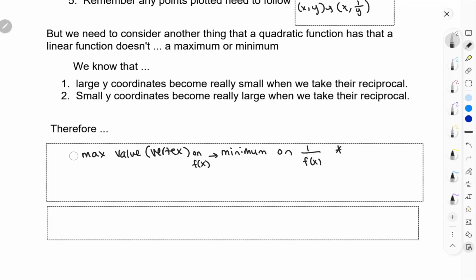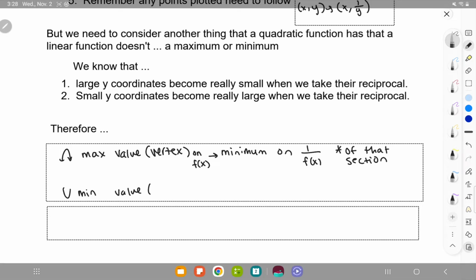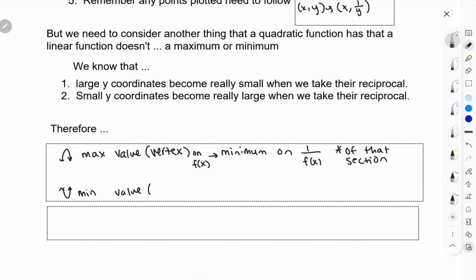And then I have a little caveat here of that section, because these reciprocals have those distinct areas separated by those vertical and horizontal asymptotes. So my maximum will turn into a minimum. My minimum, if I have a minimum value, so I'm talking if I have a quadratic that opens down versus a quadratic that opens up, so those maxes or mins.